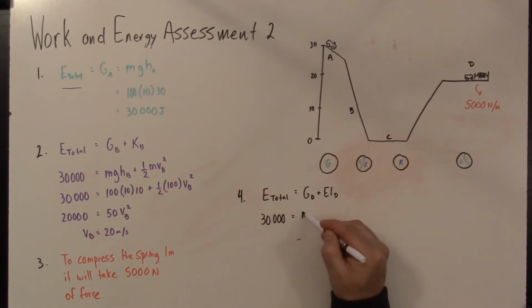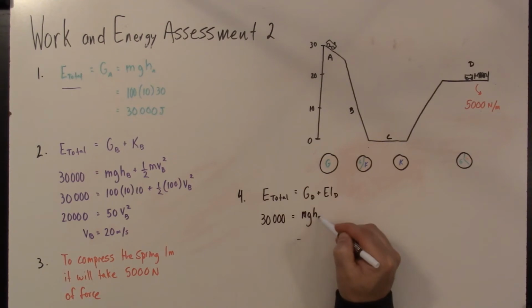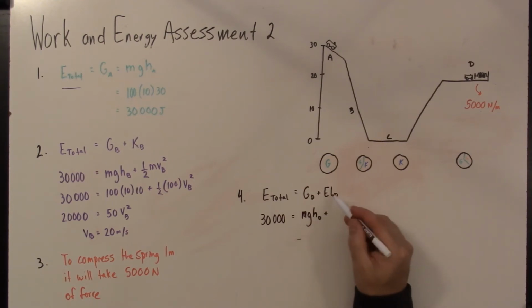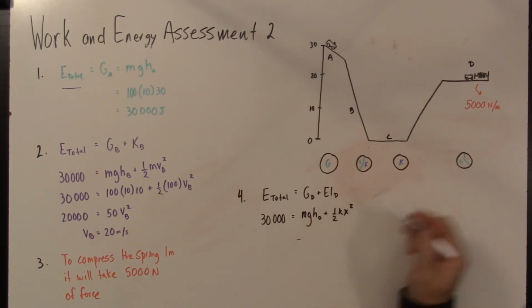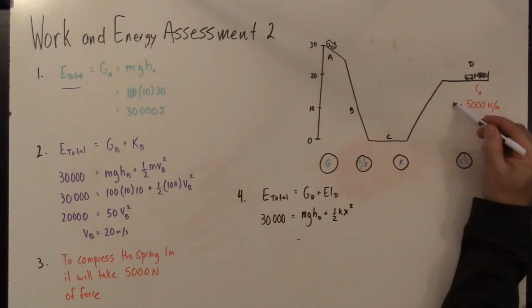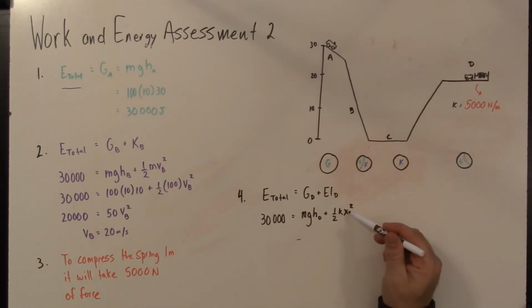The gravitational energy is mgh, the height at D, plus, what is the elastic energy formula? It's 1/2 kx squared, where k is the spring constant, and x is the compression distance. This is what you're solving for.